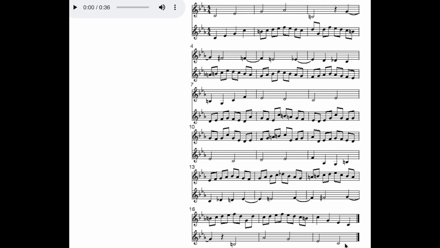So if I started here, what you'll notice is that whatever this line does is done by this line in reverse, at least as it's notated. So what I am hearing together is the very tail end of what this one does at the same time, being played in reverse. So let's listen to this. It's a retrograde canon in C minor.